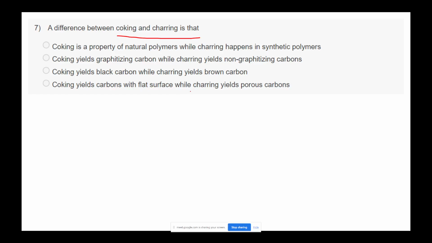So first, the two terms that came up: the first one is coking and the second is charring.